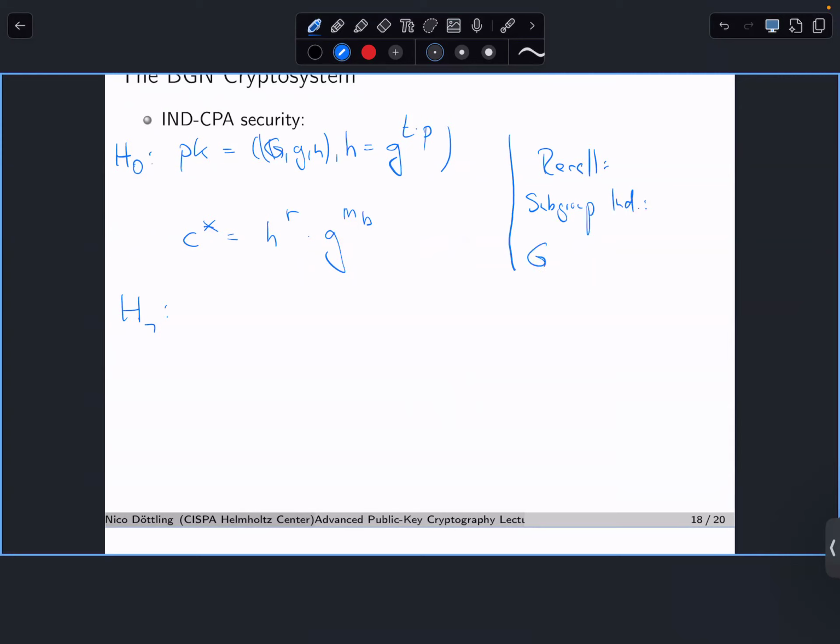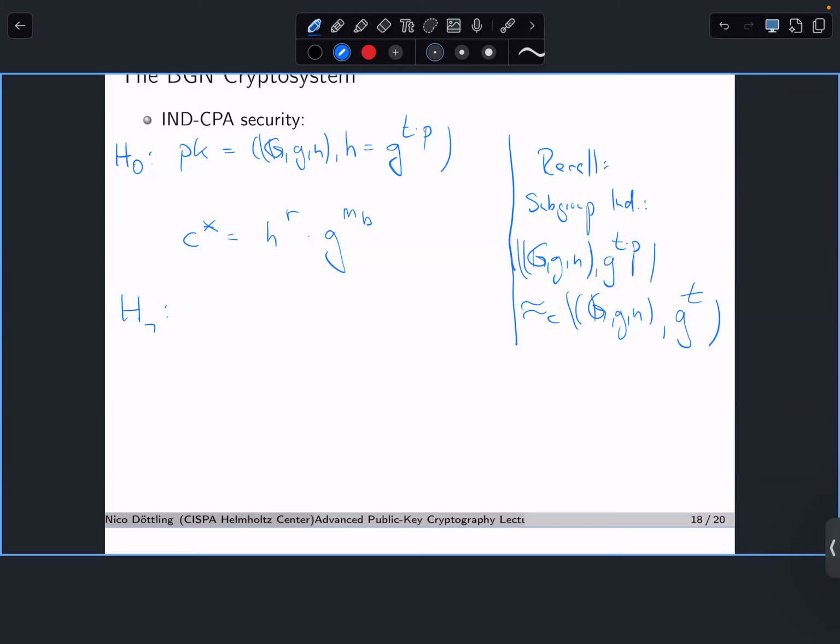We said that G, comma G, and the order n, given G to the T times P is indistinguishable computationally from, again, the group representation remains the same, but now we just drop this P and just write G to the T, uniform element from the whole group.